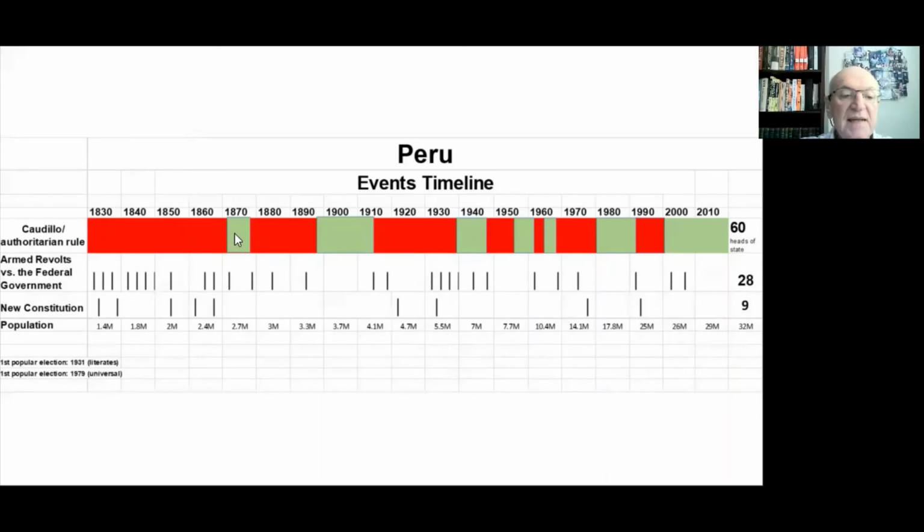And then in 1879 to 1884, 5 years, they had a war with Chile. This was a devastating war for the country. This was due to the guano deposits that the two countries were fighting for. And because of that, it's called the Guano War.